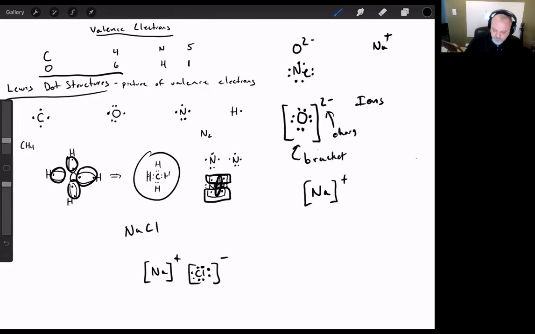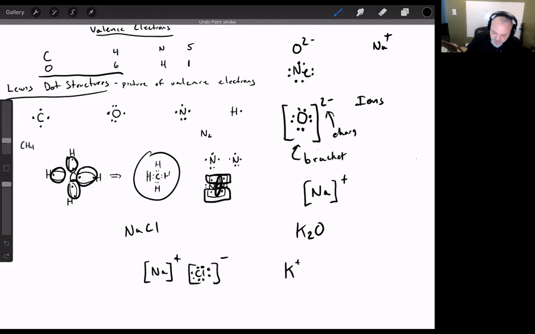Let's do one more example. What about potassium oxide? Well, that's got 2 potassium ions. So how would I draw the picture for this one? Well, the charge goes on the outside of the bracket.